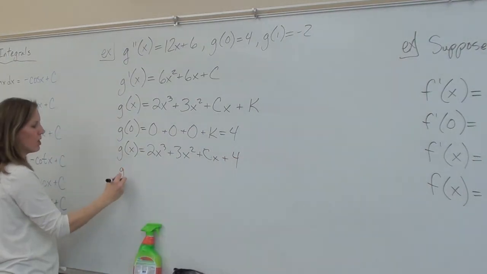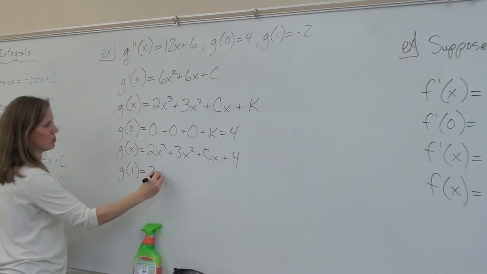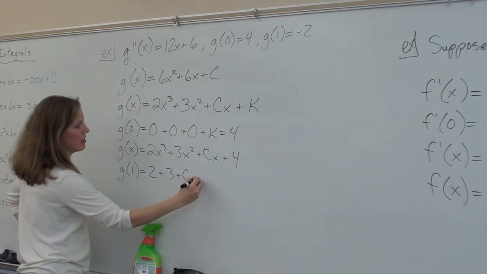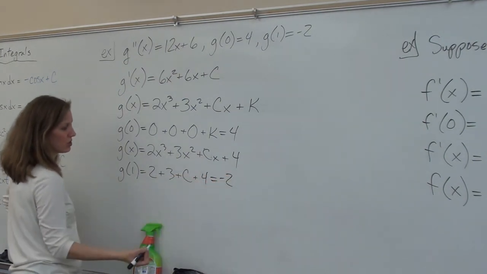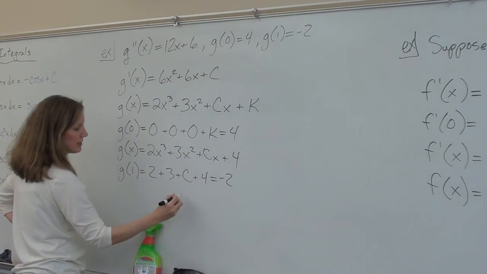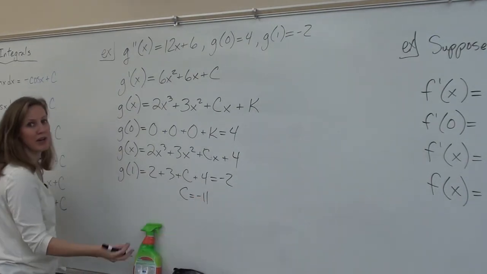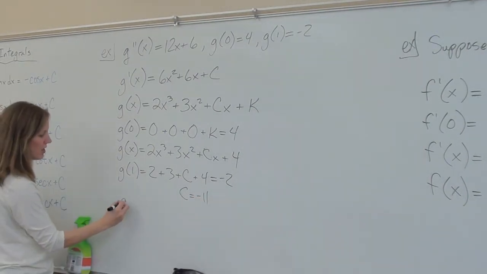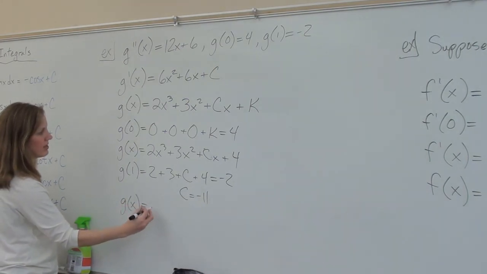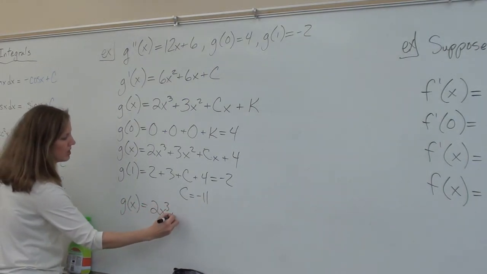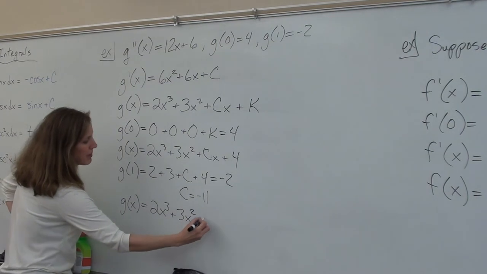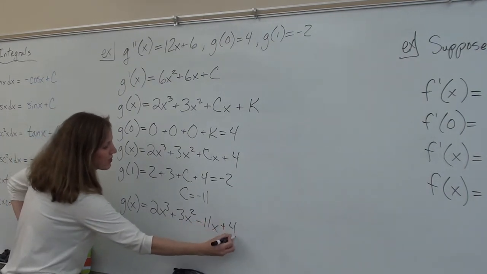And now I plug in a 1, I get 2 plus 3 plus c plus 4 equals -2, 9 plus c equals -2, c is -11, and my final function is 2x cubed plus 3x squared minus 11x plus 4.